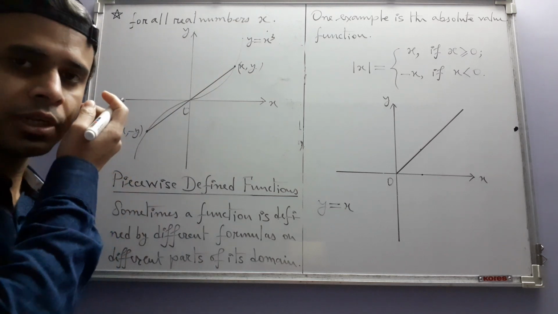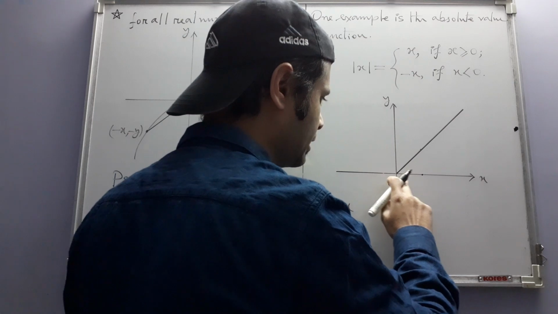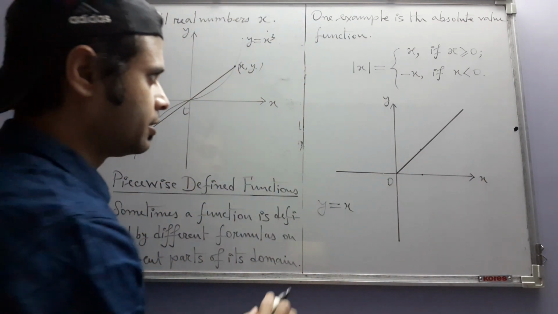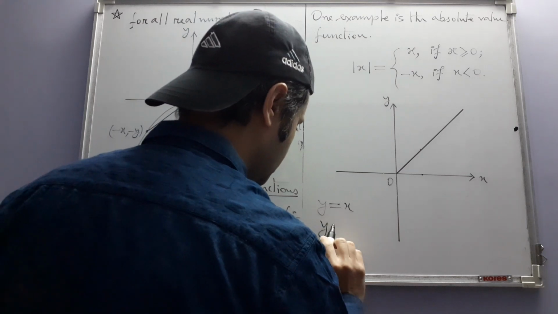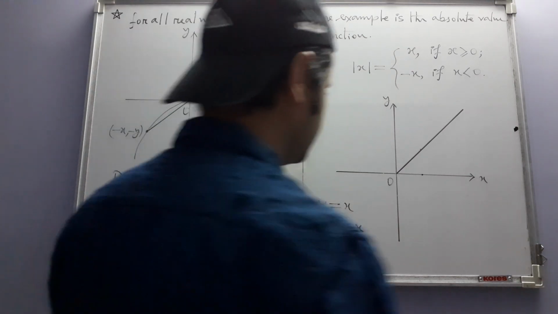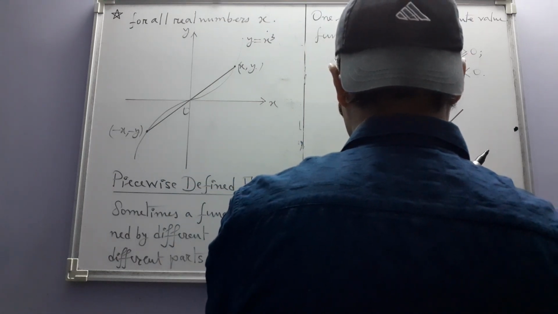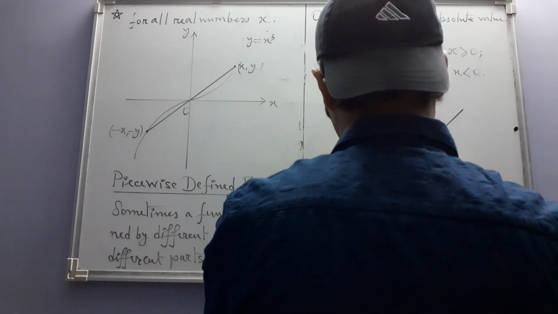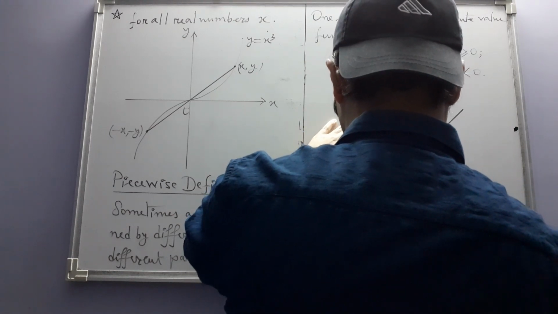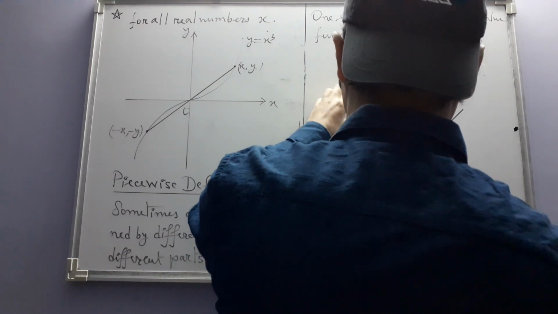The equation of the line is y equal to x, but only for non-negative values of x, and on the negative side the equation is y equal to minus x. So on that side the slope of the line is minus 1, so it will be this line.